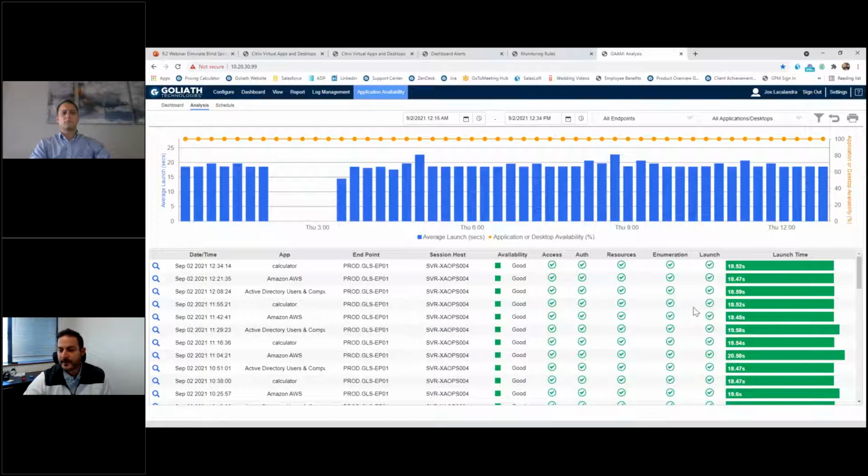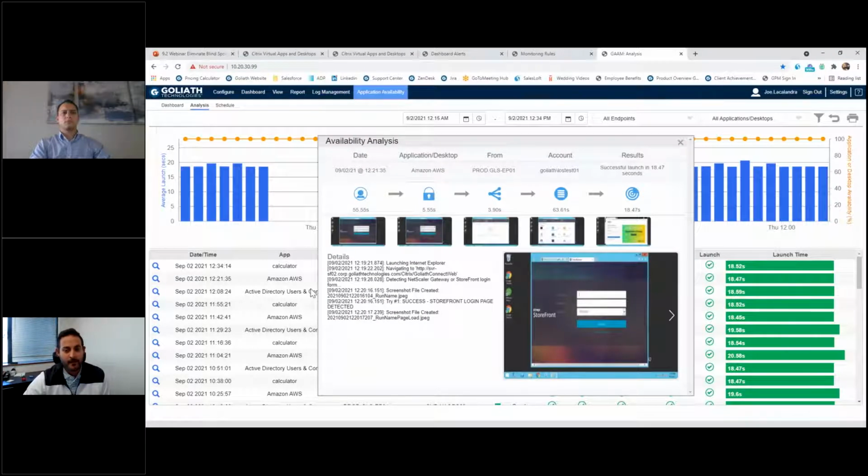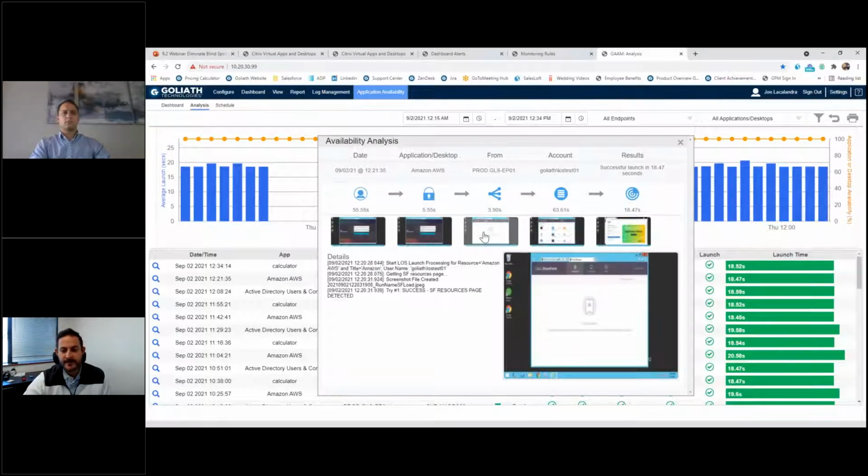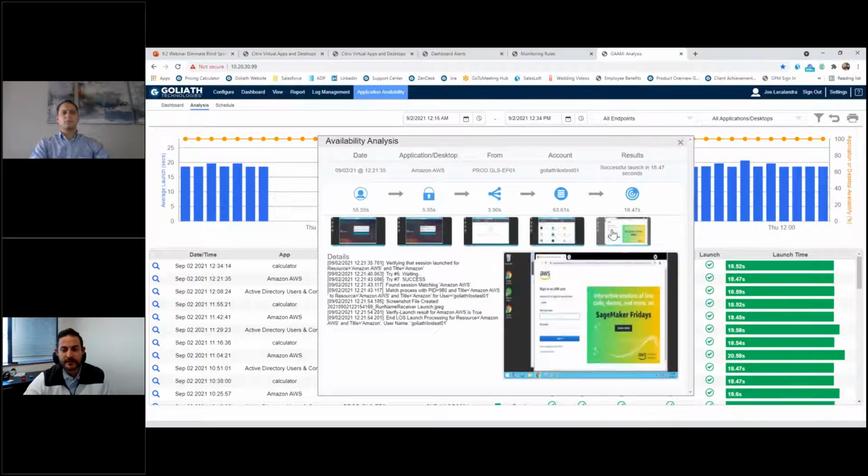And you can see each step of the process and the time. You can even drill into each individual launch, and we're giving you screenshot evidence of each step of the process. So how you're able to log into the storefront page, where the user is going to find their resources, and whether those resources actually open for the end user.